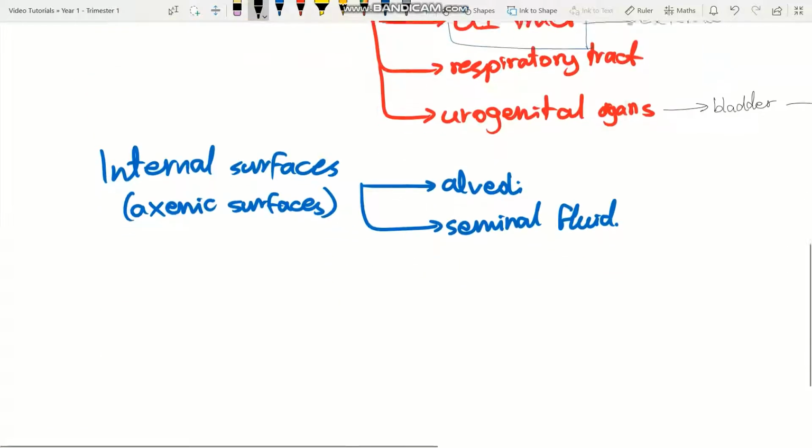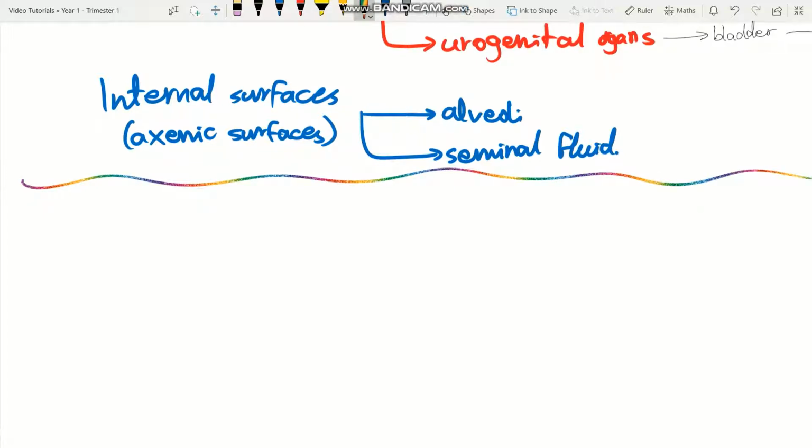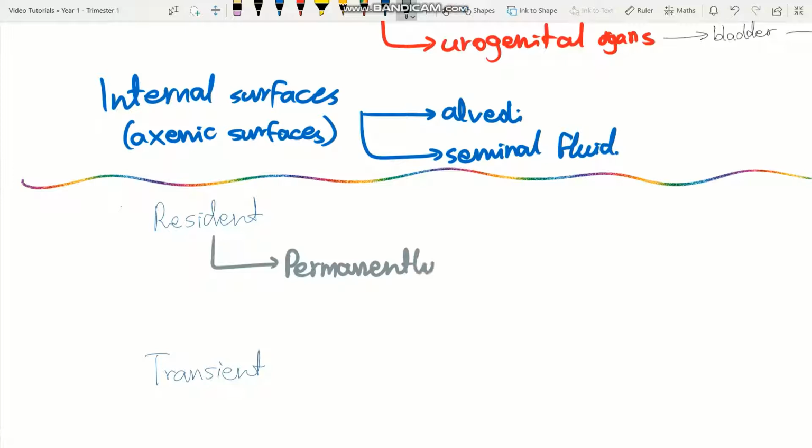So going back to the concept of microbiota, there are two main types of microbiota that we find in the body. One is resident microbiota, and the other is transient microbiota. As their names suggest, resident microbiota are present permanently or for an extended period of time in the body. These can include E. coli in the large intestine, for example.